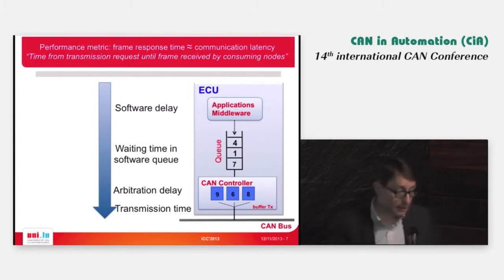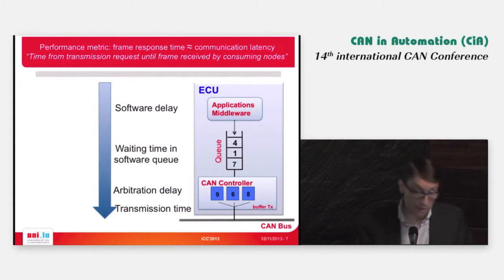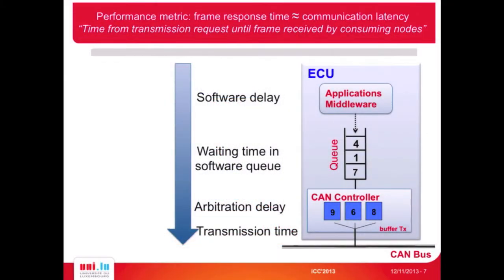The communication latency is made up of four main parts. First, delays in software. For instance, if there is a communication task, it might be triggered periodically, and then the frames might not be enqueued as soon as they are ready. There might be some latency induced by the software. Then the frames are put in software queues, which might be FIFO or ideally prioritized or something in between.